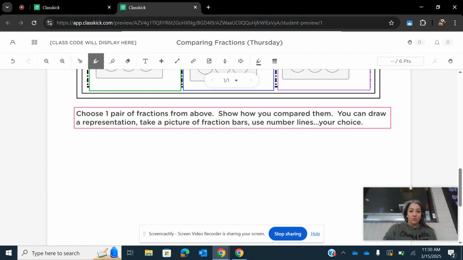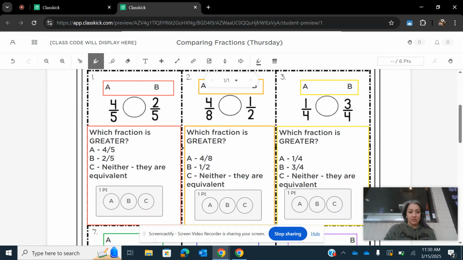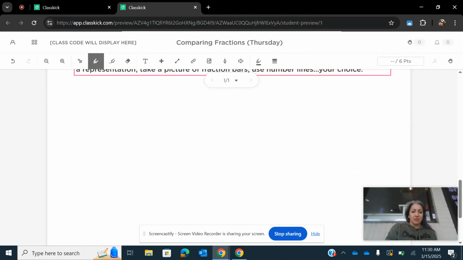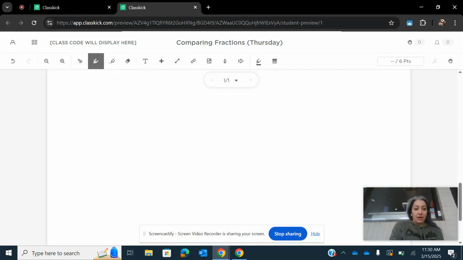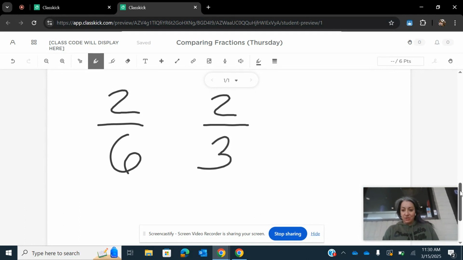Actually, I want to look at comparing same numerator. No, just one of them is same numerator. Okay, let's look at a different one. We are going to look at comparing 2/6 and 2/3, okay?